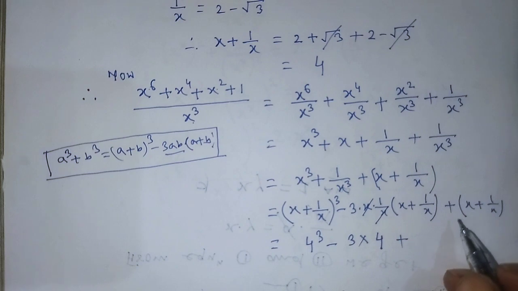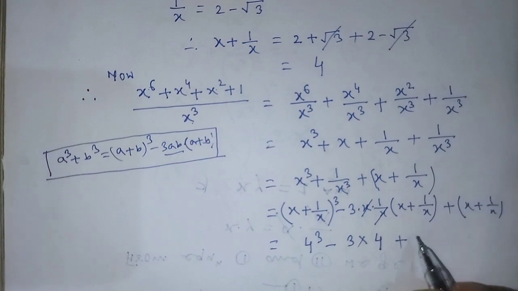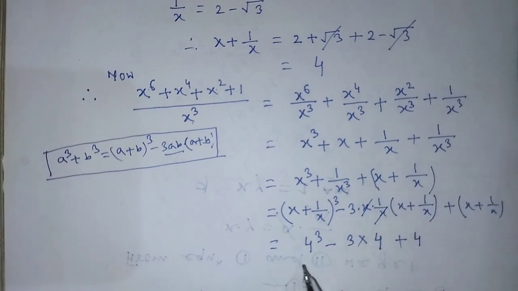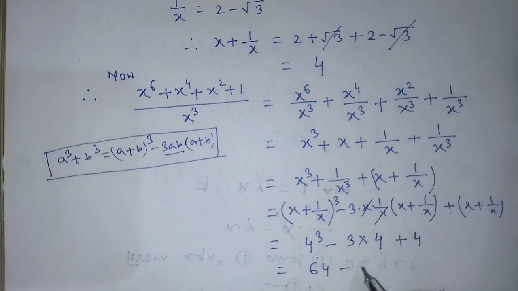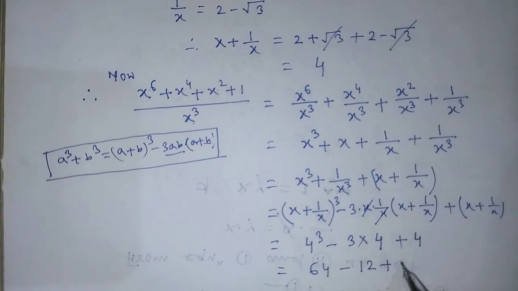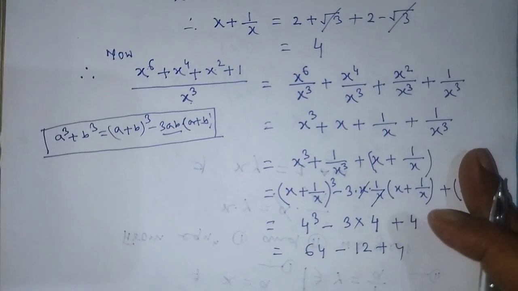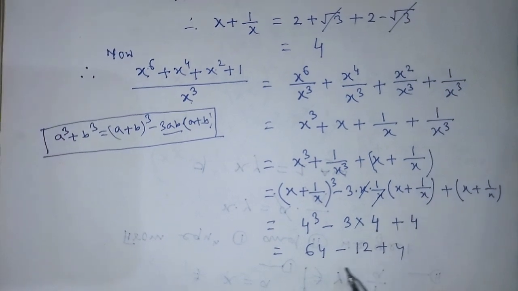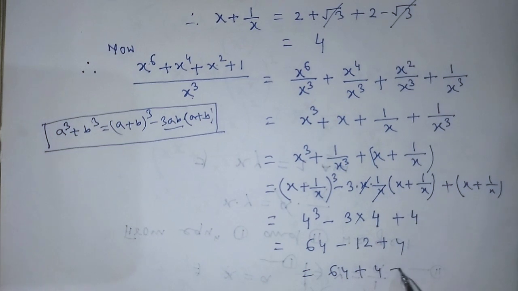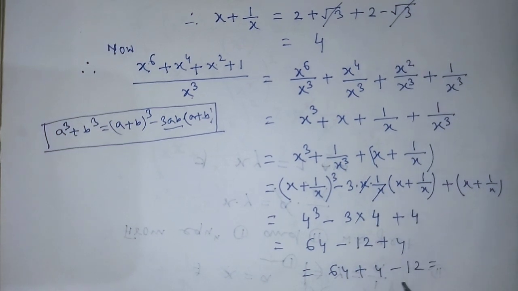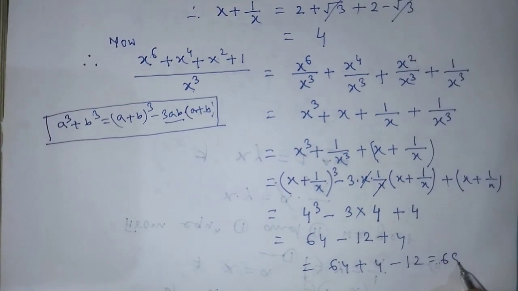Plus again we write the value of x plus 1 over x in the place of the third term, so we write 4. Now we can write 4 to the power 3, that is 64, minus 3 into 4, that is 12, plus 4. So we get 64 plus 4 minus 12. 64 plus 4 is 68, minus 12.